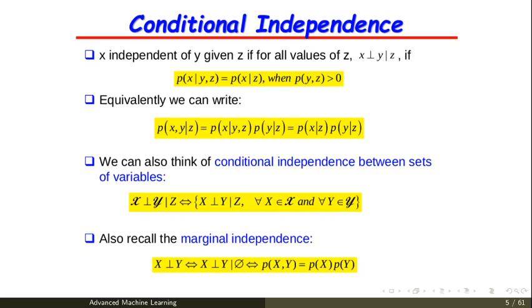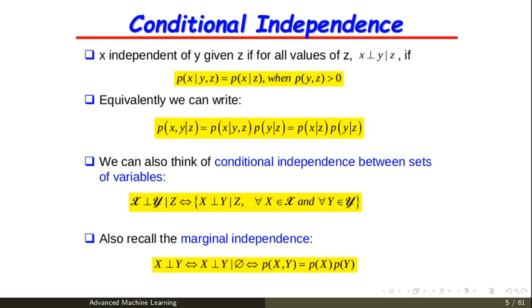I can say that x and y are conditionally independent given z when p of x given y, z is equal to p of x given z. Okay, so if I know z, learning something about y doesn't make any difference when it comes to the value of x. This is one way to write the conditional independence of x and y given z.